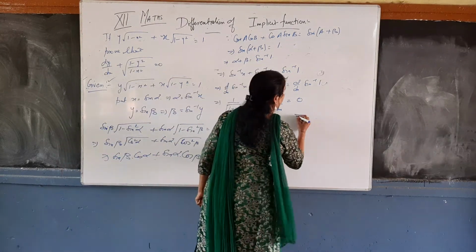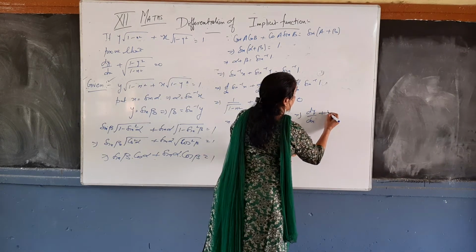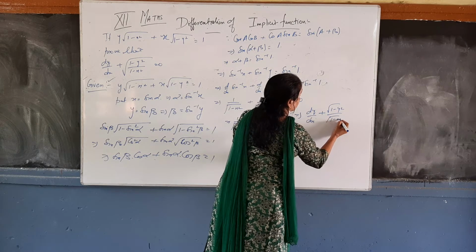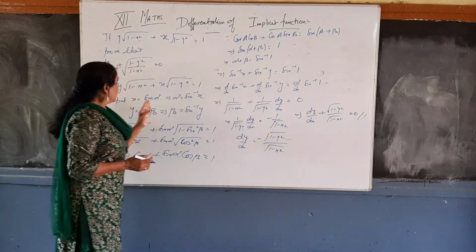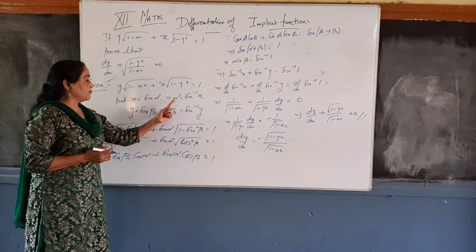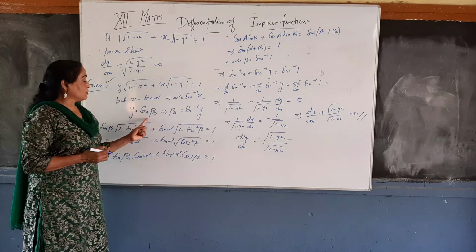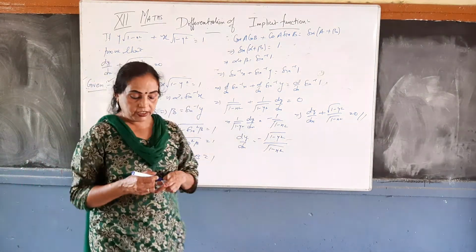So here we get dy by dx plus under root 1 minus y square upon under root 1 minus x square equal to 0. This is the proof. First we put x equal to sin alpha, and from there we replace alpha by sin inverse x, y equal to sin beta, beta is replaced by sin inverse y, and differentiate this. Now next question.